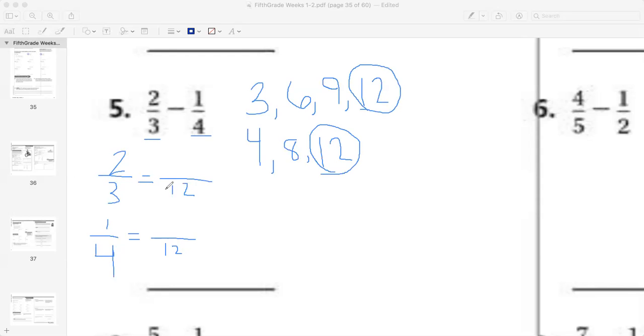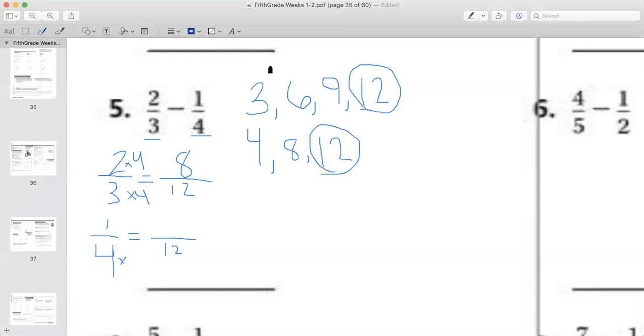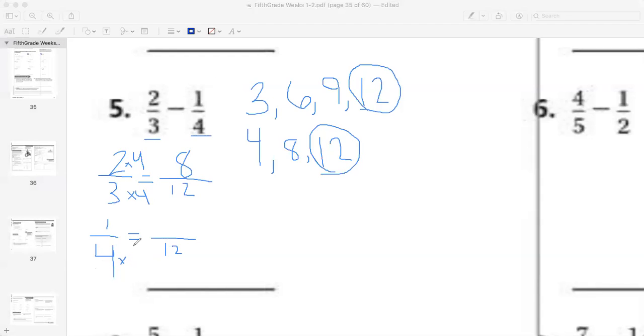So 3 times what gets me 12 is 4. And then at the top, I also have to multiply by 4. And 2 times 4 is 8. And then 4 times what gets me 12, that would be times 3. Oops. Oh, hold on. Times 3. And so I have to multiply by 3 on the top. I'm sure many of you are getting the hang of this. 1 times 3 is 3.